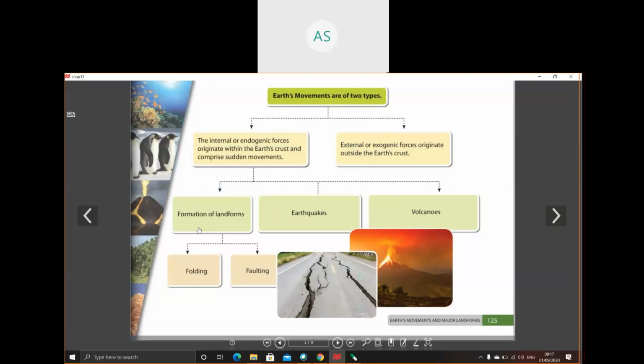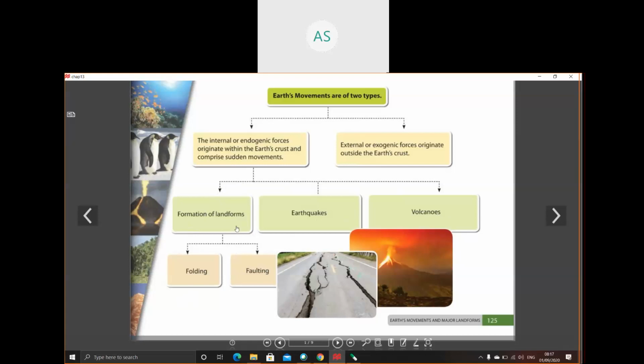The reason behind all this is the movement of the earth's crust, or you can say it is the reason for endogenic forces. Okay, now we divide the internal or endogenic forces into three different types: formation of landforms, earthquakes, and volcanoes.